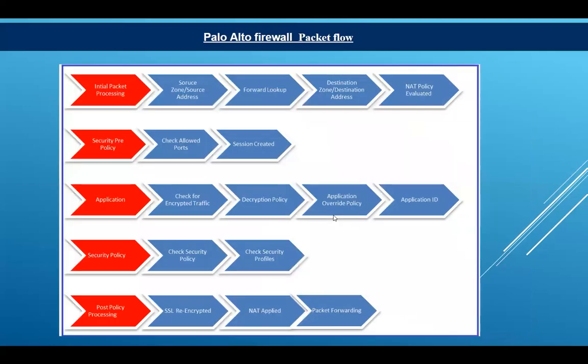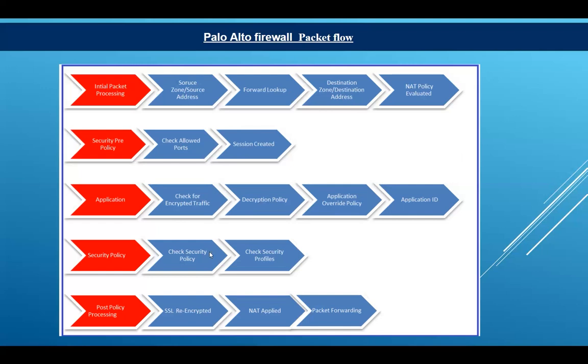So guys, this packet flow we will study in the second module, because before understanding this packet flow, we have to understand different terms like NAT, zone, and what is the security policy. Here are two things, guys: security policy and security profile. Also, what is encryption and decryption?